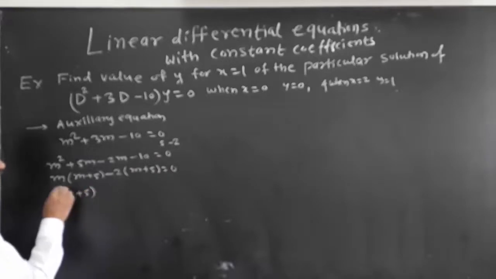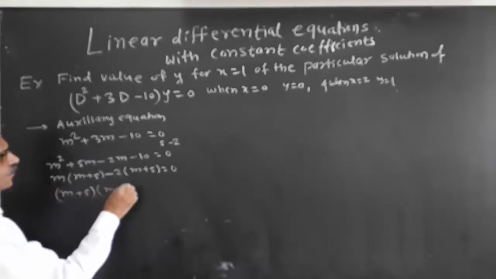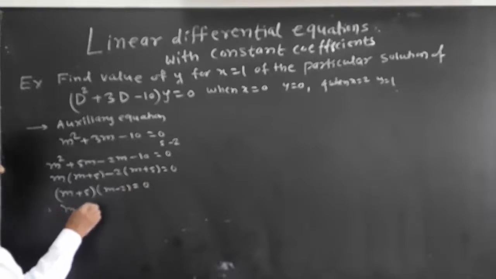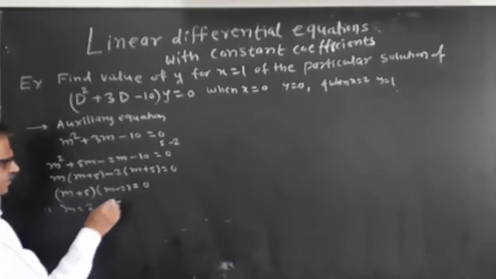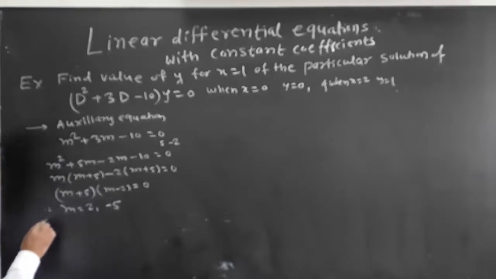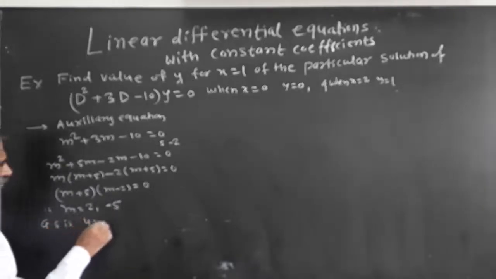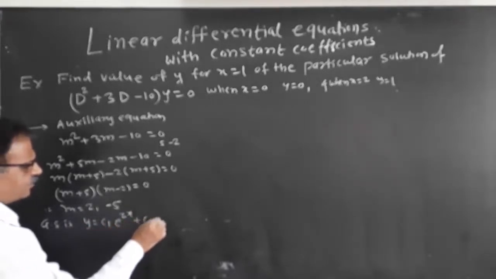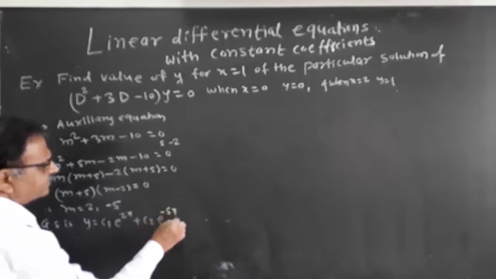M plus 5 into m minus 2 equal to 0. Therefore, m equal to 2 and m equal to minus 5. Therefore, general solution is y equal to c1 e raised to 2x plus c2 e raised to minus 5x.